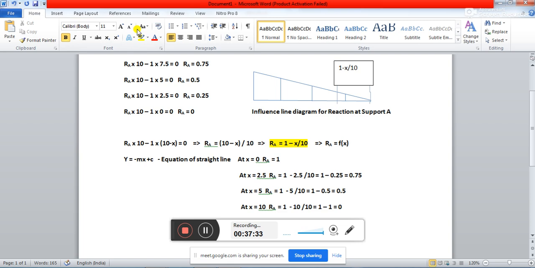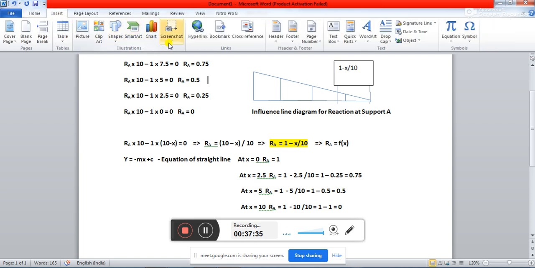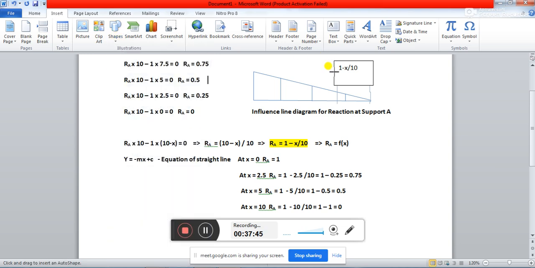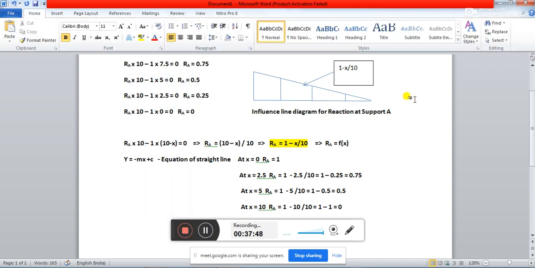So the equation of this straight line will be 1 minus x by 10.